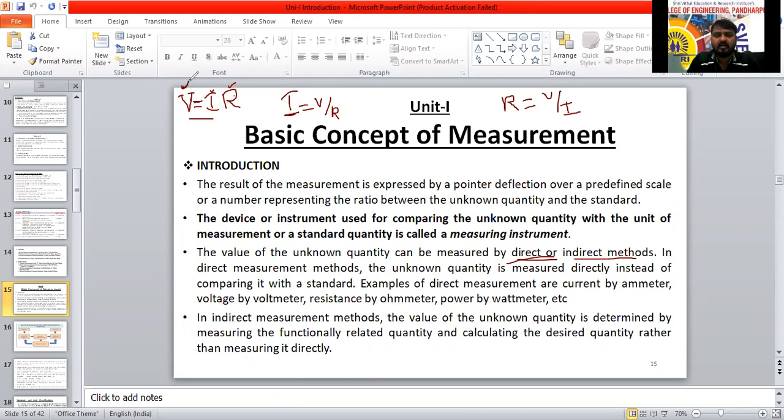If I want to measure resistance, I am going to use the ohm meter directly. That is called direct method.